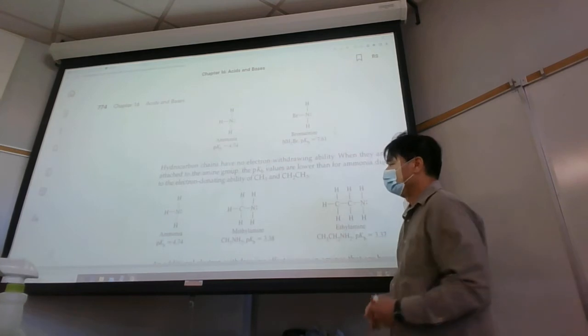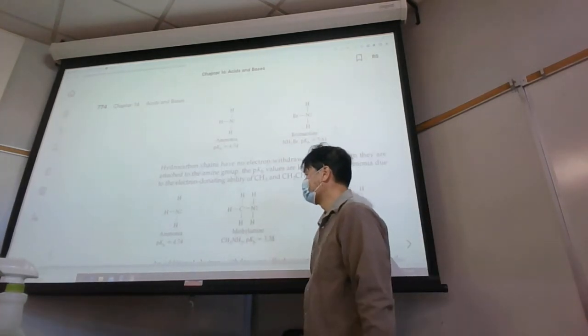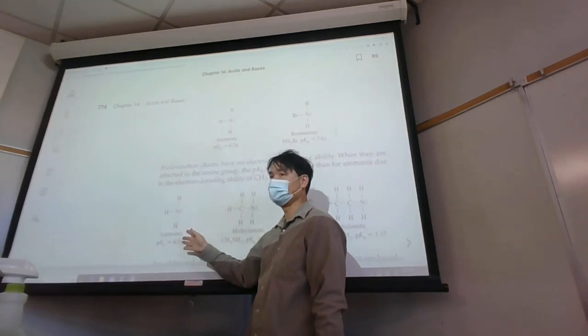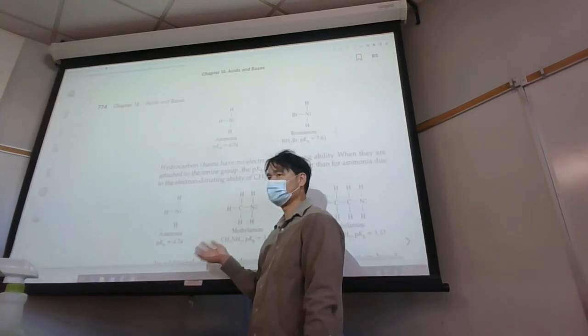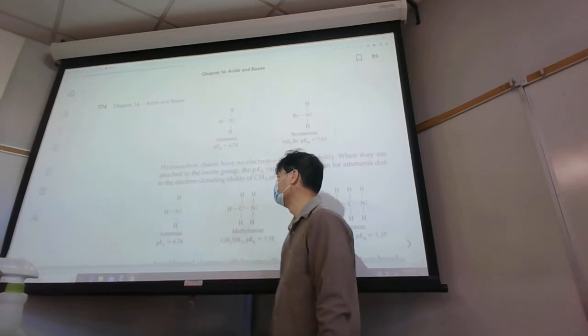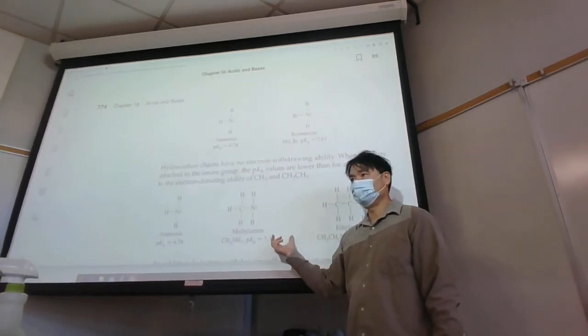In fact, the pKb, which is the power of the Kb, so this would be like 10 to the -4, 10 to the -5 as the Kb. 10 to the -5, it's not that strong, considered weak. It's actually 1.8 times 10 to the -5. This one's 10 to the -3 to 10 to the -4.